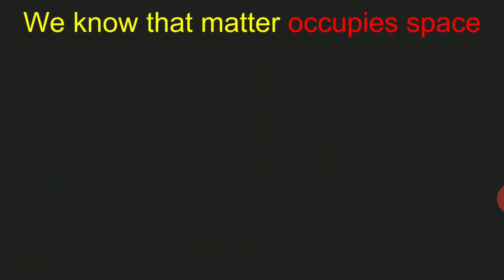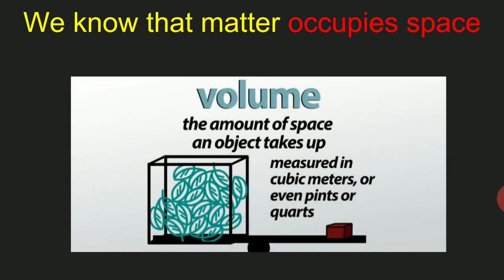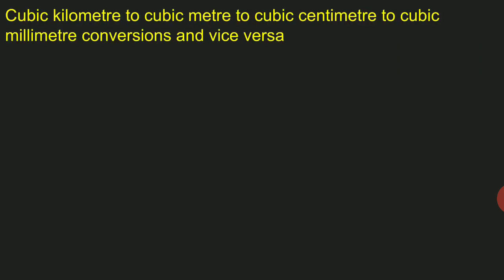We know that matter occupies space, that is volume. Volume is the matter which occupies space. Amount of space occupied by an object is known as its volume. It is measured in cubic meters, its SI unit, or even in pints and quarts.